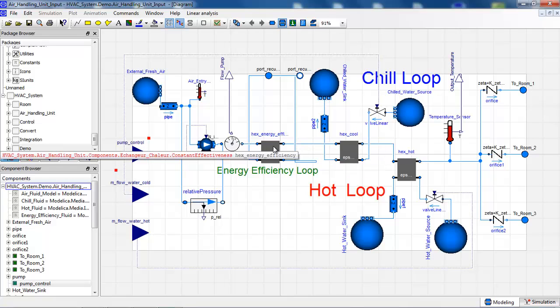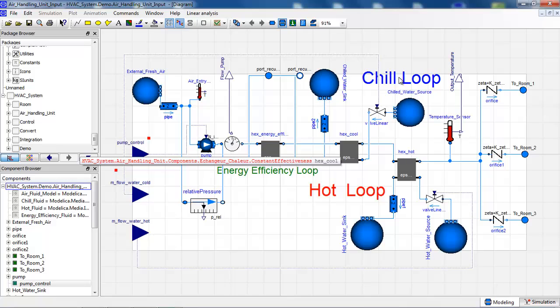The heat exchangers are for the chill loop to chill the air inside my air handling unit, the hot loop to warm the air inside my air handling unit, or another heat exchanger for an energy efficiency loop.